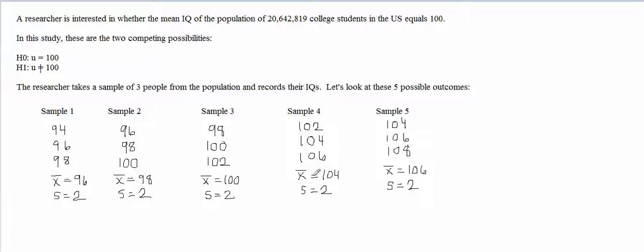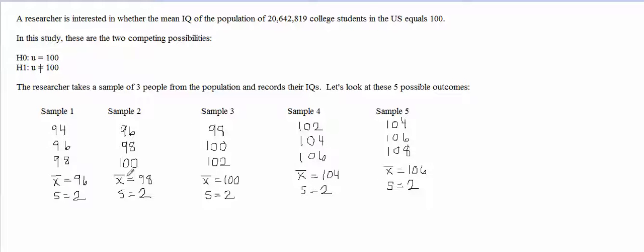And based on that sample mean of the IQs of the 3 people, the researcher is going to make a conclusion about whether the mean of all college students in the US appears to equal 100 or not equal 100. So let's talk about how that would be done.